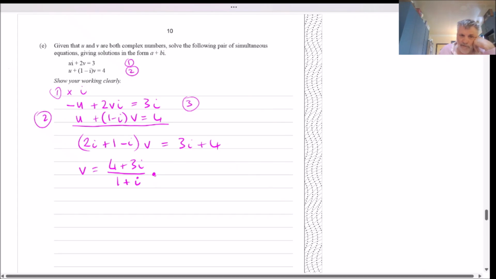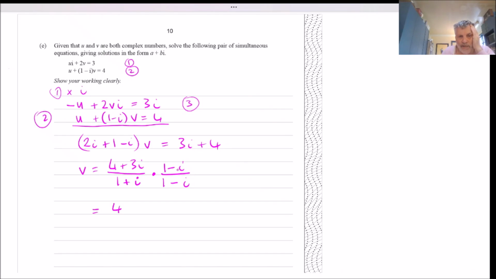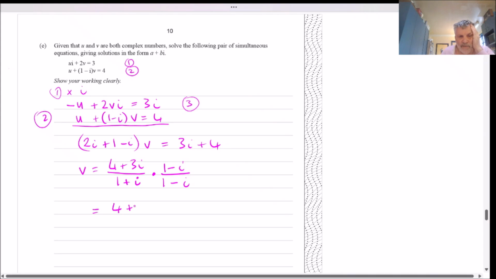And the standard way when you're dividing by a complex number is to multiply by the complex conjugate in the numerator and the denominator. That gives us 4 ones are 4. I like to do the real parts together, so that's 3 times i squared, minus 3, and an i squared is another minus, so it's plus 3.